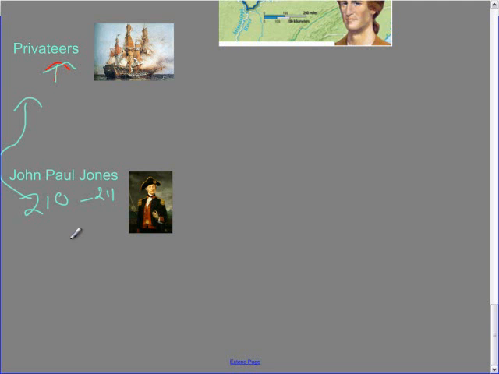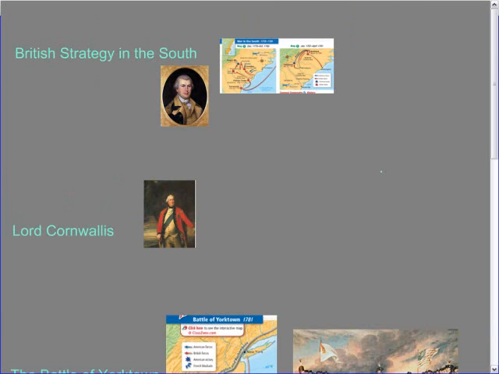So the British are kind of on the downslide right now because they are very spread out. They do not have a lot of support, and they're trying to look for a new way to go about winning this war. So what they do is they shift the war to the south.